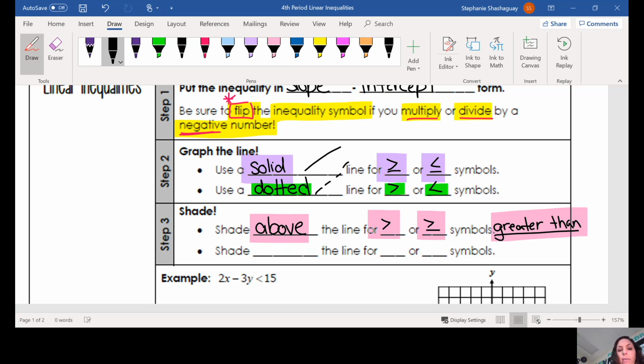Now, if you have shading below the line, okay, when you shade below the line, that's when you have a less than or equal to symbol. And that makes sense, because if it's less than something, then you should be shading below the line, okay?